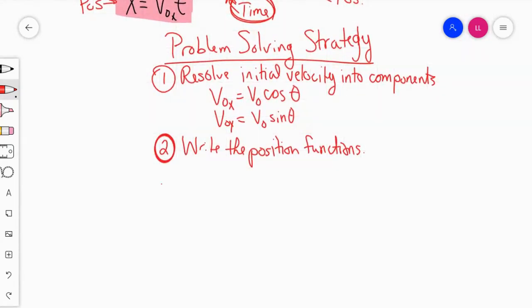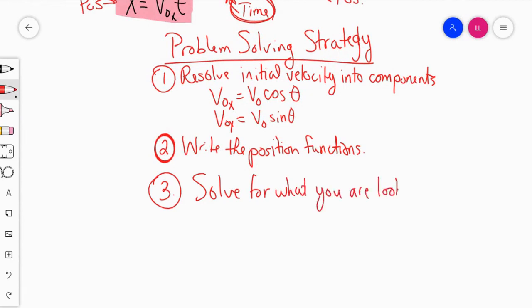And then finally, the last step is to now solve for what you're looking for. Now keep in mind, if you're looking for time, you may need to use the quadratic equation. Okay, especially in situations when you have angles involved.